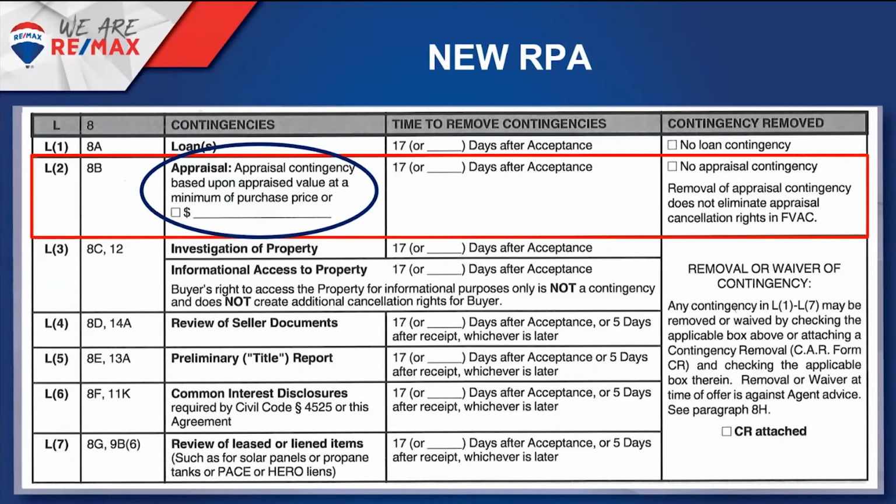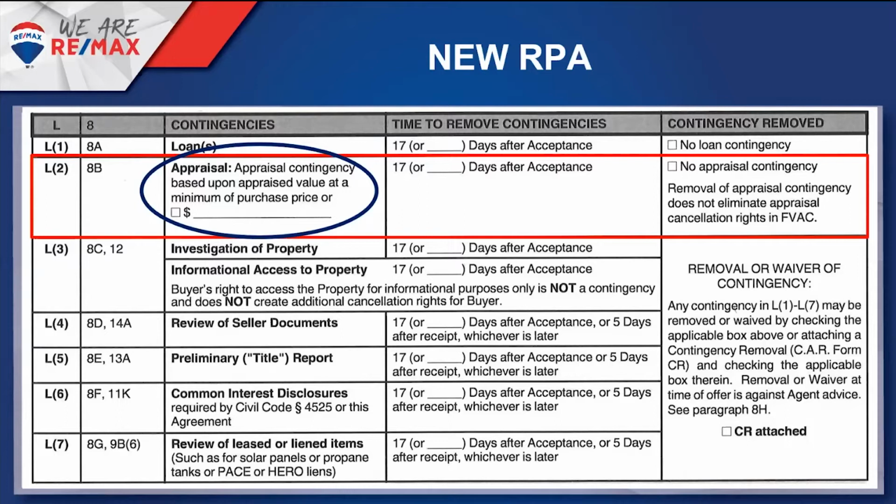The house probably comps at $750,000. The buyer said, "That's okay. I'll pay $50,000 over appraisal. So I'll pay $800,000." But they may want to say, but only if it appraises at least $750,000. Because what happens if it appraises at $700,000? The buyer is going to say, well, I was going to pay $50,000 over appraisal, but I don't want to pay $100,000 over appraisal.